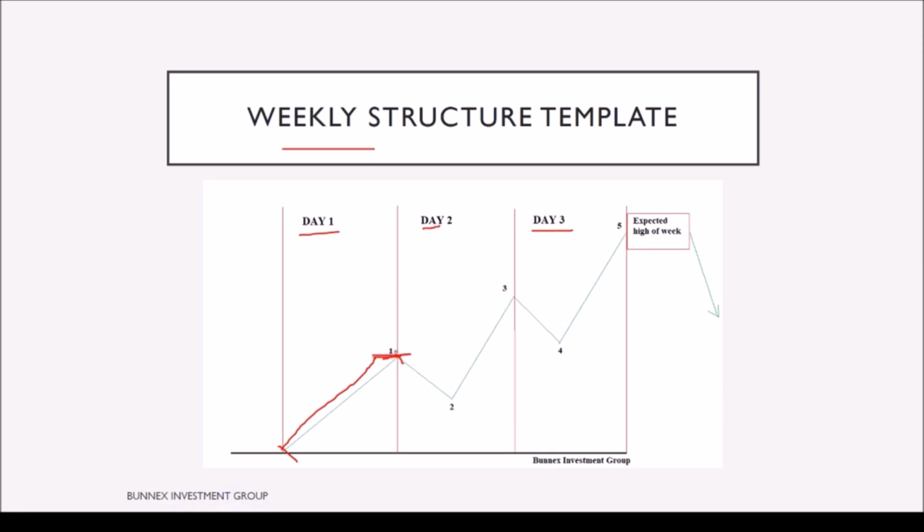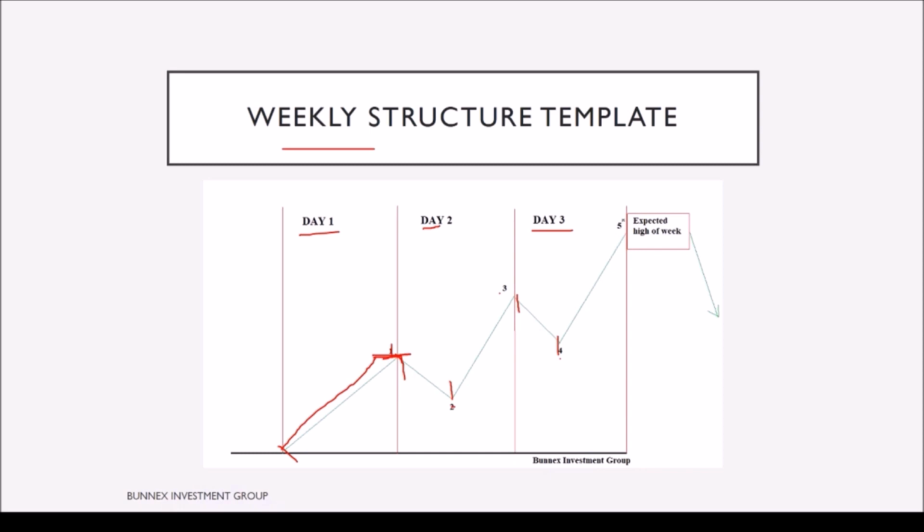Then from this termination to number 2, it's a counter wave. And this can also be represented as a consolidation from this point to that point, and the same manner from this point to that point. So for us to deem a structure valid, we need to see 5 waves in this scenario. 1, 2, 3, 4, and this can also be presented as a consolidation or a choppy region.